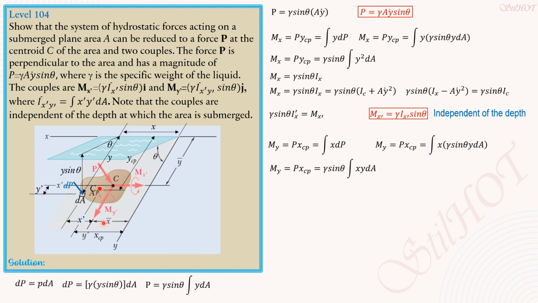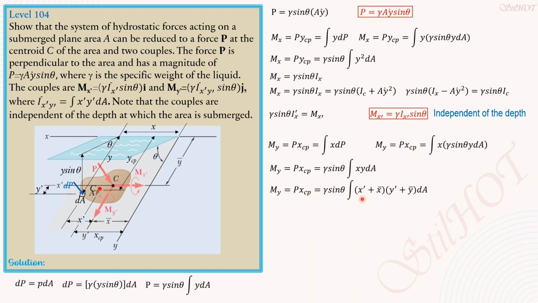x is x prime plus barred x, or barred x plus x prime, and y is barred y plus y prime, or y prime plus barred y. So P x sub cp equals gamma sine theta times the integral of the quantity x prime plus barred x, times the quantity y prime plus barred y, dA.